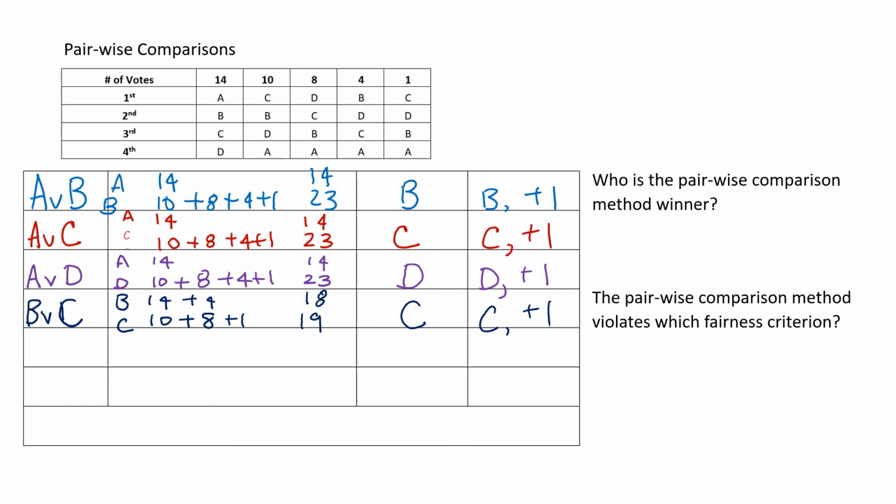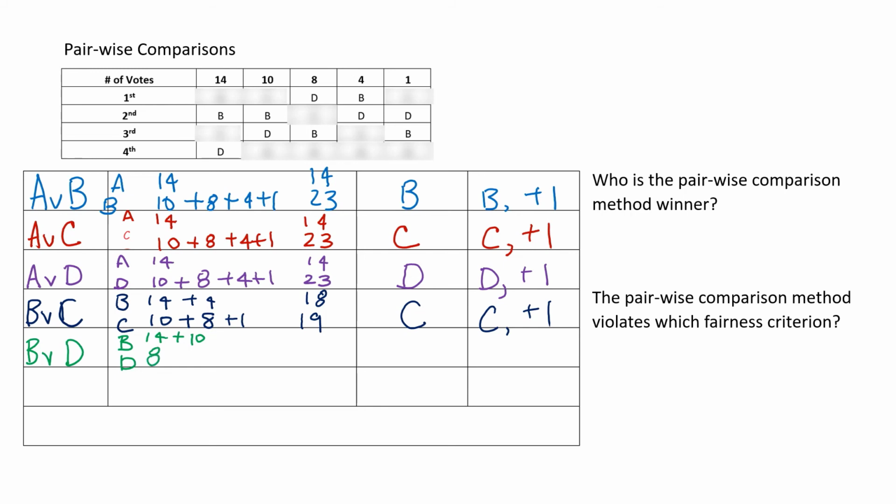Let's continue. Now we pit B with D. B and D. On the first ballot, B is ahead of D, so B gets 14 points. On the second ballot, B is still ahead of D, so that 10 points go to B. On the third, D is ahead of B, so D gets the 8 points.